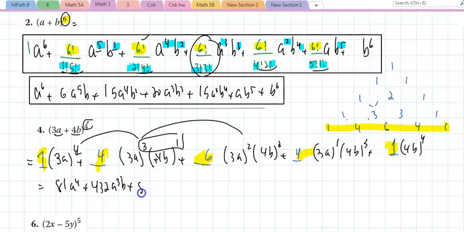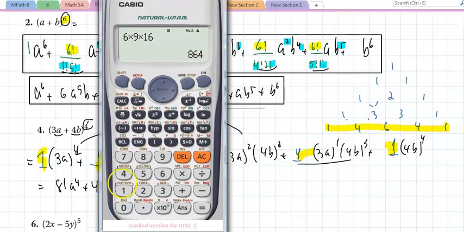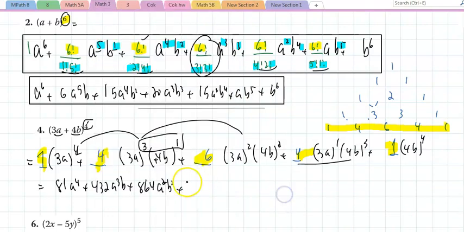That is 864 a squared b squared plus 4 times 3 times 4 raised to the 3rd power, 768 ab cubed plus 4 to the 4th is 64 b to the 4th. And that would be my answer.